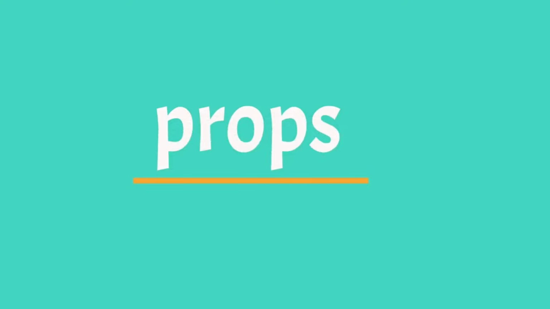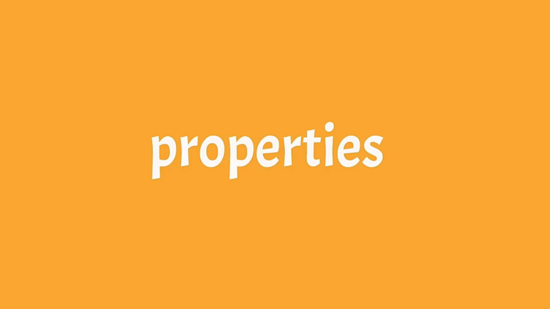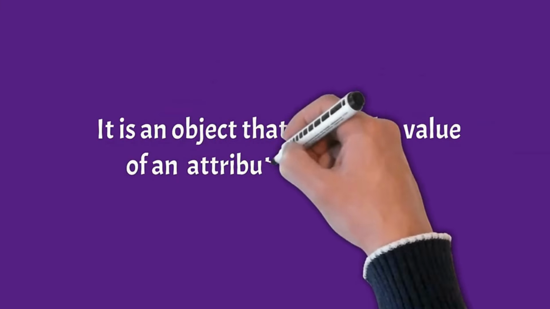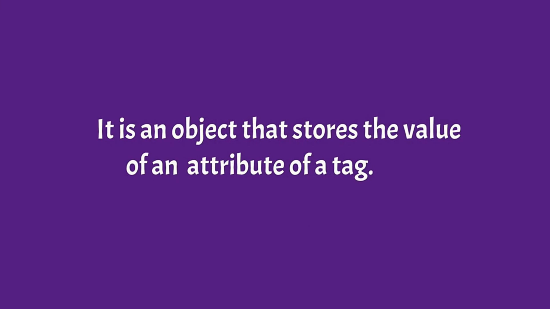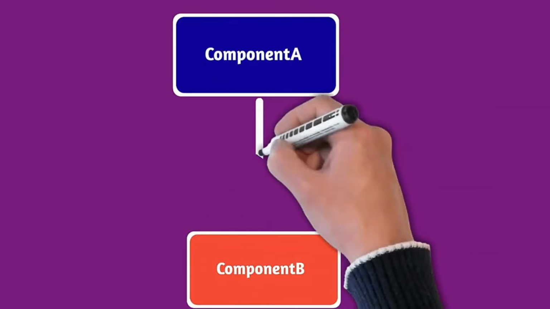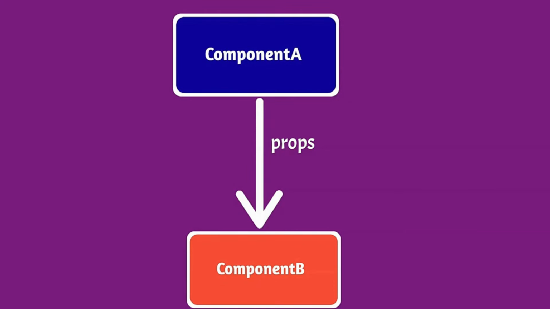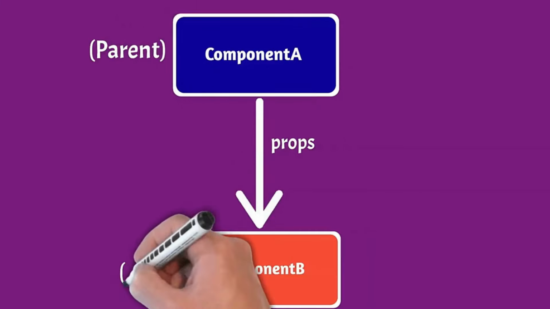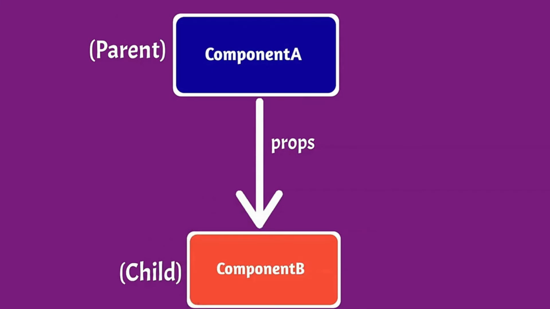So, what exactly is props? Props stands for properties. It is an object that stores the value of an attribute of a tag. And also, props enables you to pass data from one component to another, precisely from a parent component to a child component.